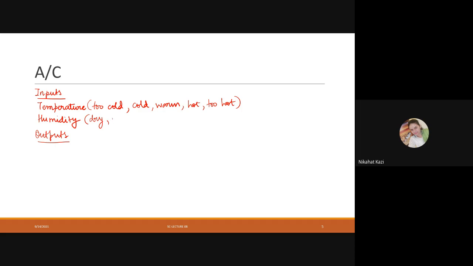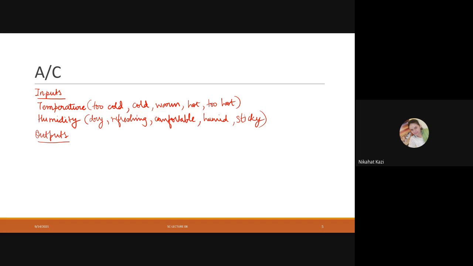I can use different terminology here, say it is refreshing, or I can say it is comfortable. And I can say it is humid, and then I can say it's too humid or it is sticky. So these are the input variables and the input values.